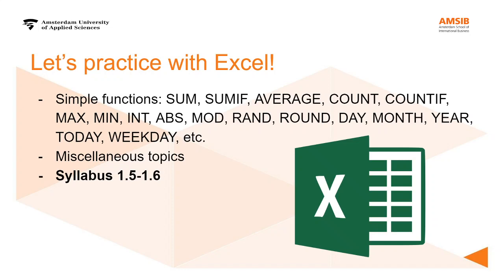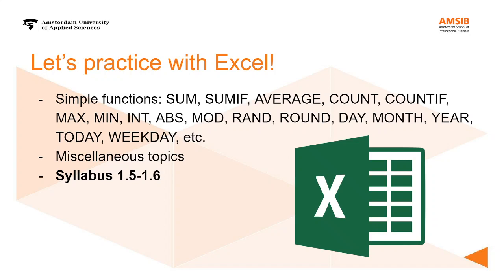Integer, INT, will convert any number to an integer. And ABS stands for absolute, it will turn any number to an absolute number, a positive number. For example, -8 will turn into 8 if you use the ABS function.